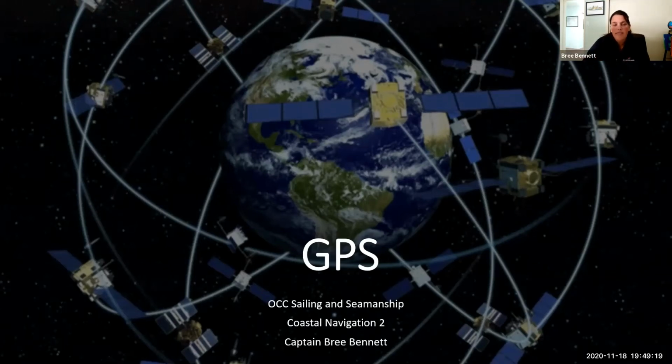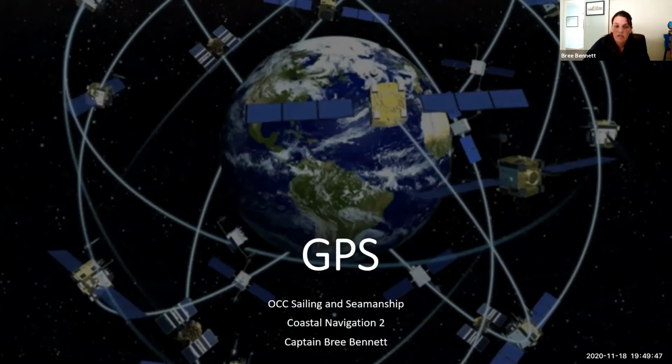So even though most people heavily rely on GPS or the little blue dot on their phone, it's always good to verify your position. Verify it with radar, with visual range, with another instrument, a depth sounder, any sort of instrument.